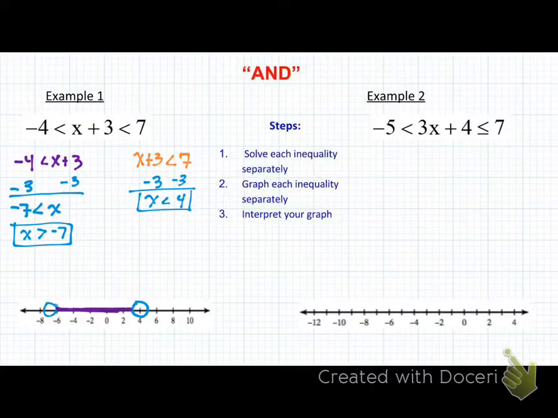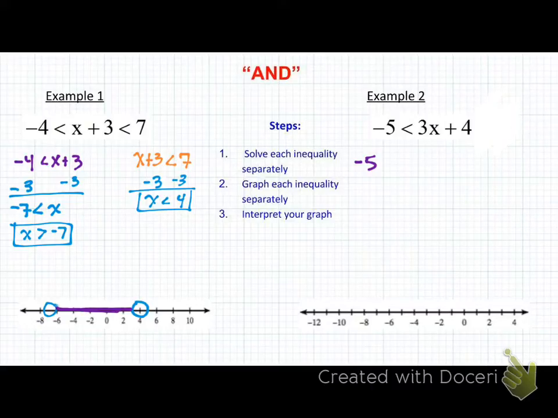We got negative 5, eyes up here, pencils down. Negative 5 is less than 3x plus 4, which is less than or equal to 7, okay? So I'm going to make 2 separate equations. I'm going to cover the less than 7.